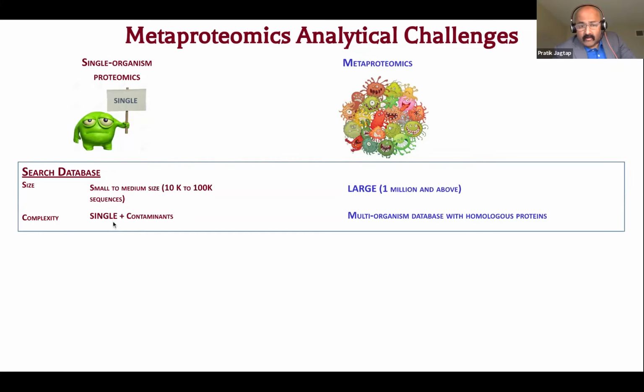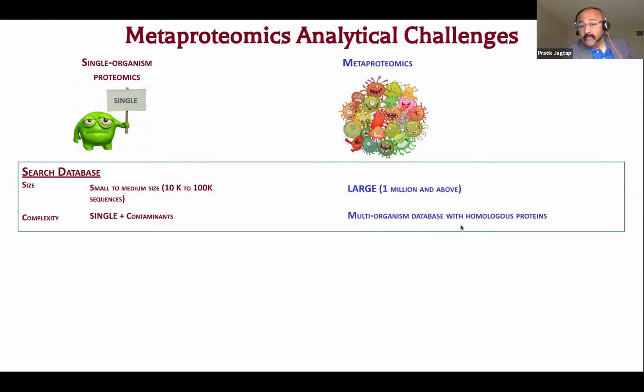There's a single organism, and most of the proteins that you're going to detect are going to come from that particular organism. While in metaproteomics, the databases are usually very large because you are collecting samples, or concatenating all the proteomes from various taxonomic members of the metaproteome.